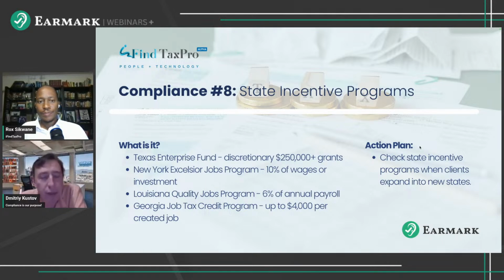Now, Louisiana, for another example, the Quality Jobs Program, up to 6% of annual gross payroll, or a project facility expense rebate of 1.5% for qualifying expenses. Again, the Georgia Job Tax Credit Program, credits from $1,150 to $4,000 per job per year, up to 5 years. It's amazing how much.